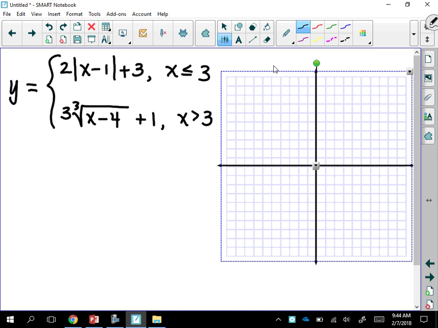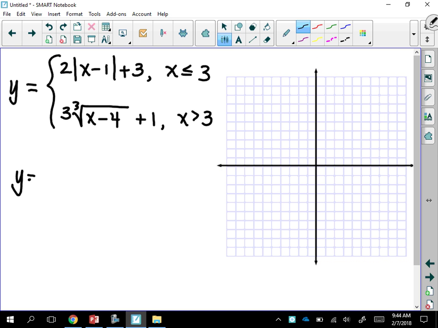We know for an absolute value, the parent function is y equals the absolute value of x. And what are the points that are on that absolute value function? Okay. Now, based on how this function is written, what all are we going to do to that function?